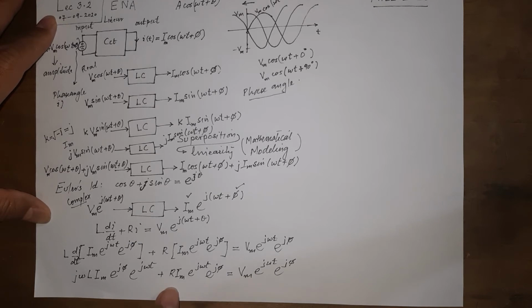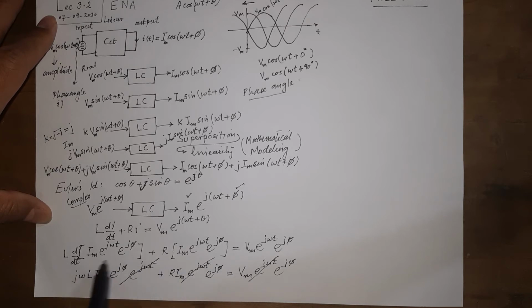Here is where all the magic is going to happen. Can you see that we can take e raised power j omega t common on both sides, and that will eliminate e raised power j omega t from the equation? So what are we left with?